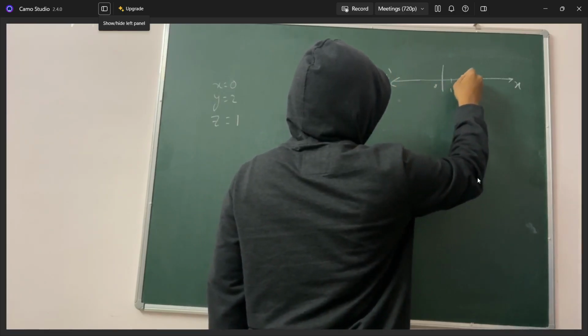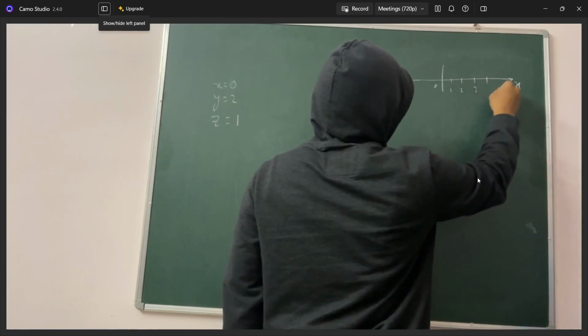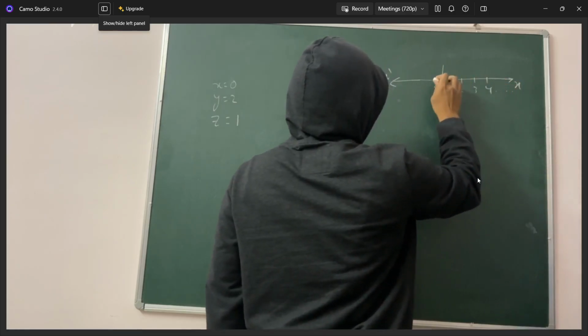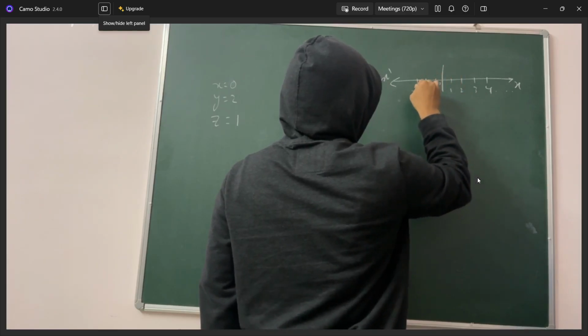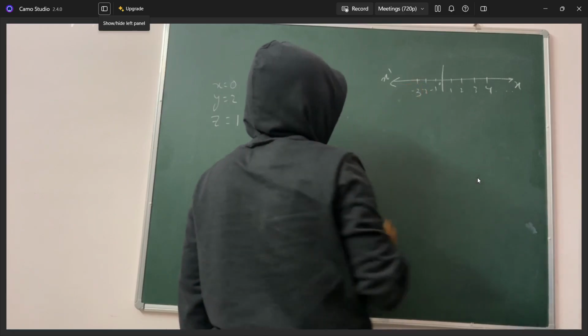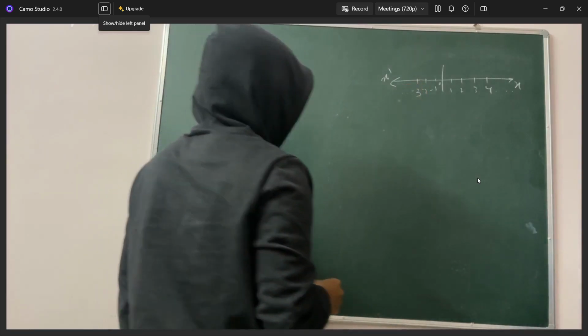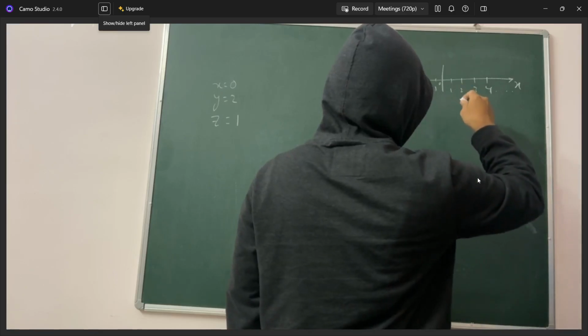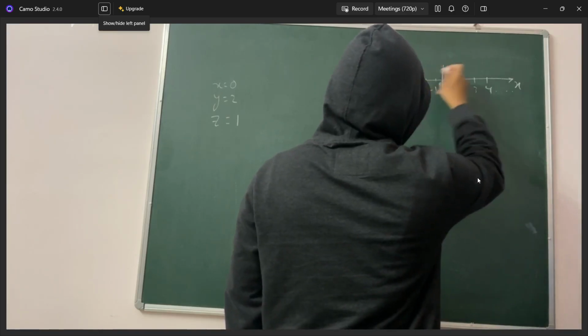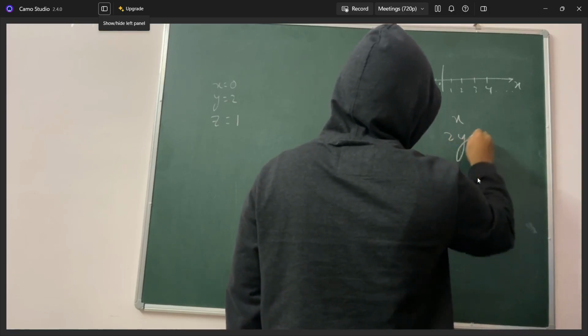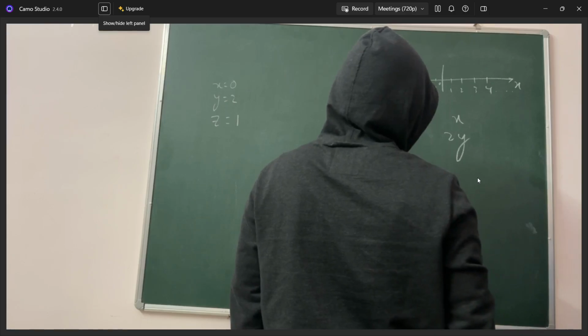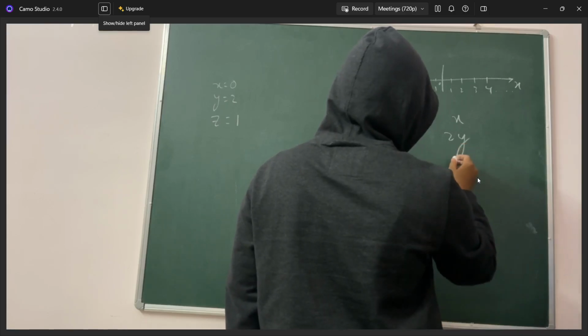Here the numbers are positive, and this is 0, and here the numbers are negative. So what they have said is, initially Chef's home is located at position X. It may be somewhere on the X-axis, and Chef has two Y friends.